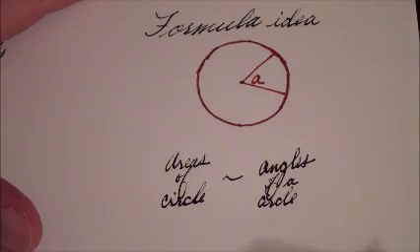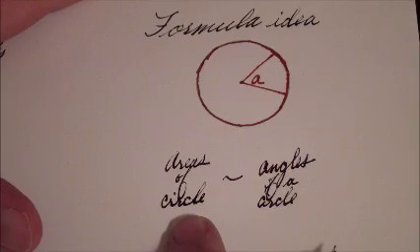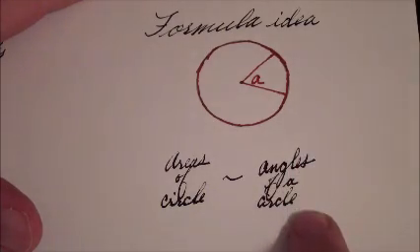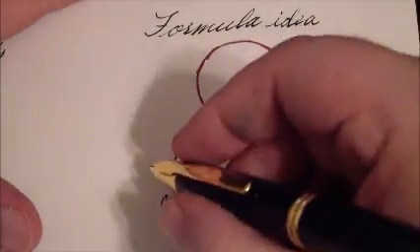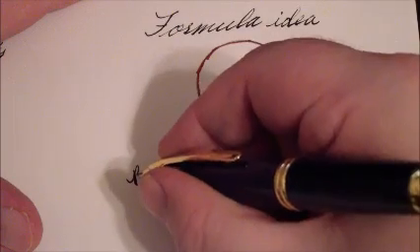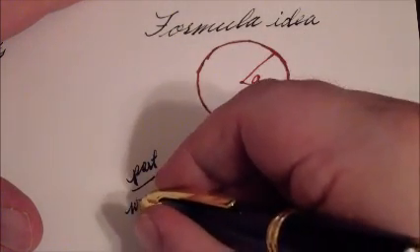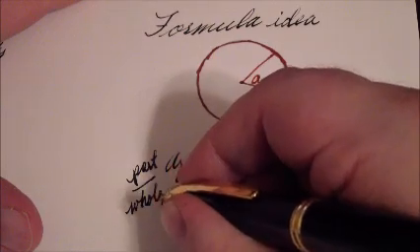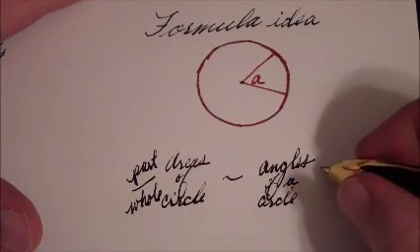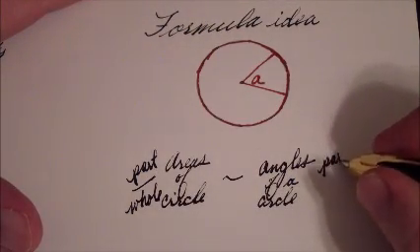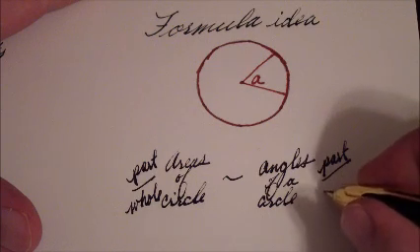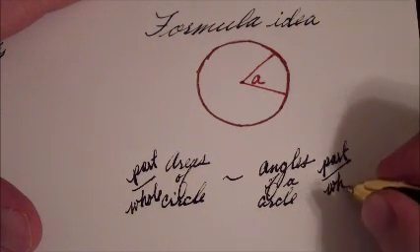All right? So we're thinking about areas in relationship to angles. And again, we're thinking about part divided by whole is equal to part divided by whole. Okay?